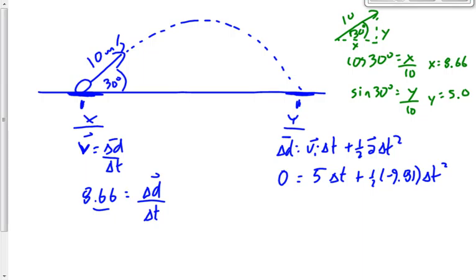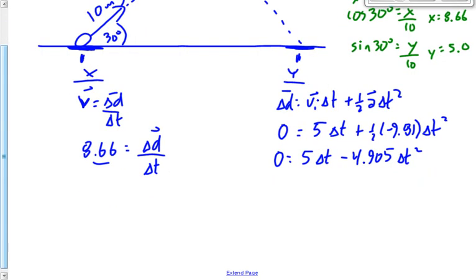Let's simplify this a little bit before we actually try to solve it. It's going to be 5t minus 4.905 t squared. Where did that 4.905 come from? Yeah, half times 9.81, right? And it's negative because it's negative 9.81. Now watch what I'm going to do here.